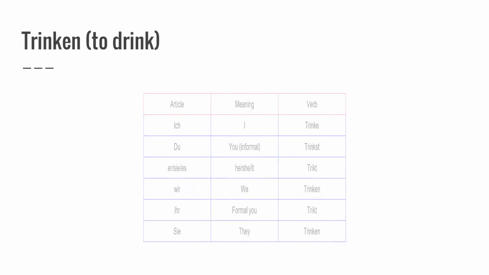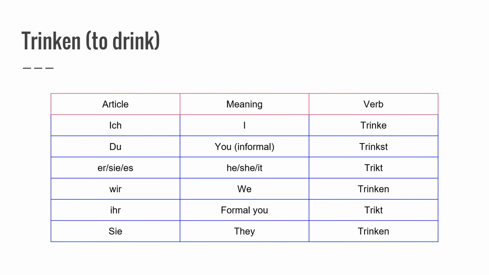Our next verb is trinken, which means to drink. Ich trinke, du trinkst, sie es trinkt, wir trinken, ihr trinkt, sie trinken. Now here comes the example. My example is: Ich trinke einen Kaffee.